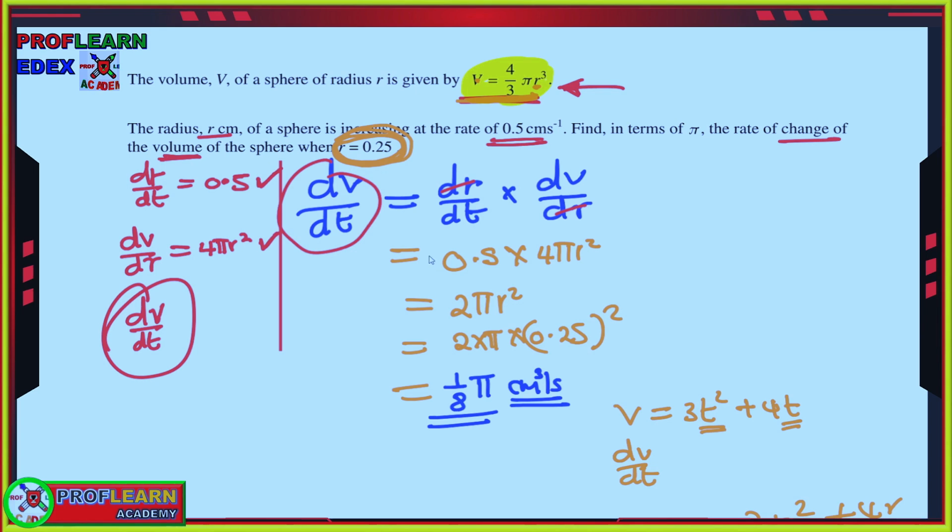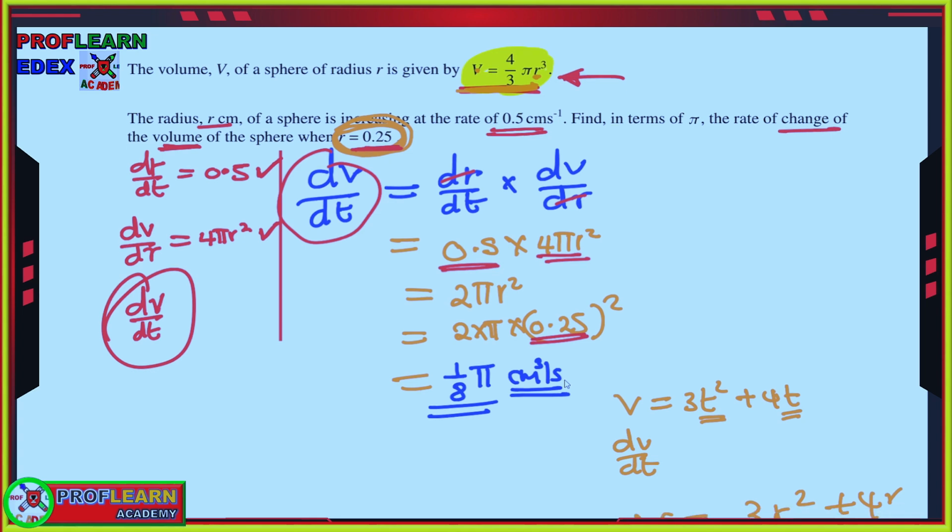What is dr/dt? 0.5. What's dV/dr? 4πr squared. Then you simplify, that becomes 2πr squared, but remember, we were evaluating where r is 0.25, squared, and the answer becomes 1/8 centimetre cubed per second. That's the rate of change of volume of the sphere.